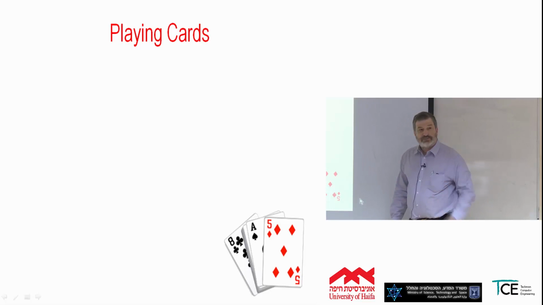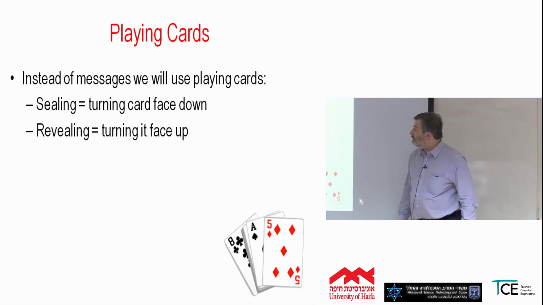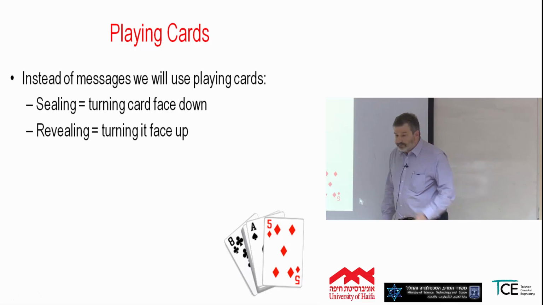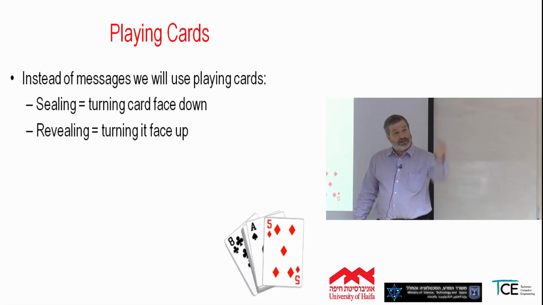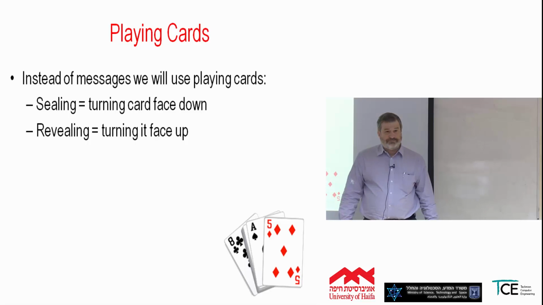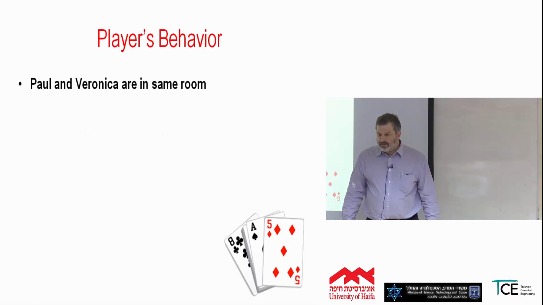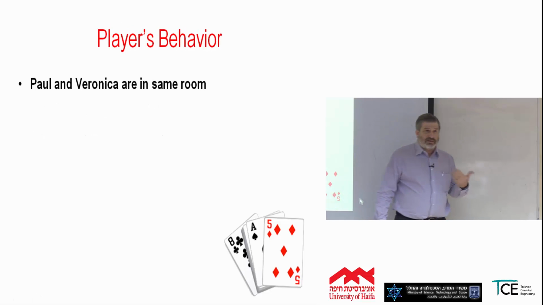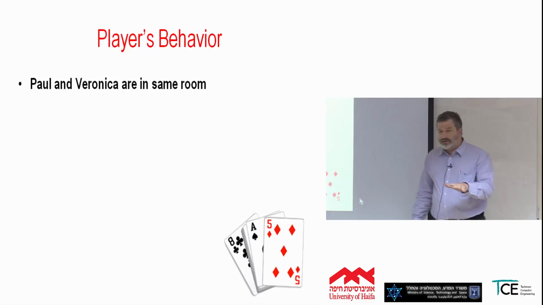So we're going to use playing cards for a protocol. The messages will basically be playing cards, and to seal a message will be turning a card face down, and to reveal it will be to turn it face up. So we are assuming that they're not sending messages, but they are in the same room.